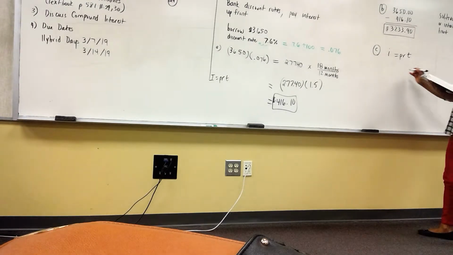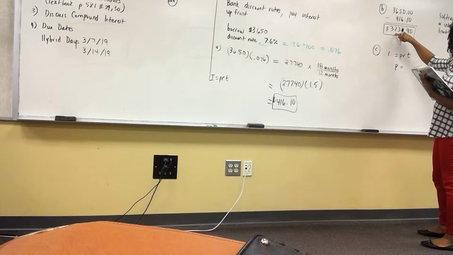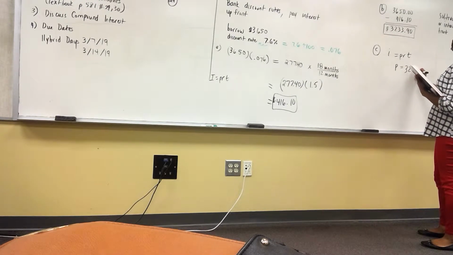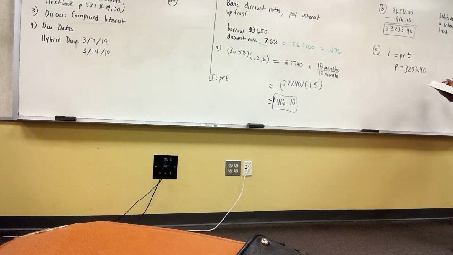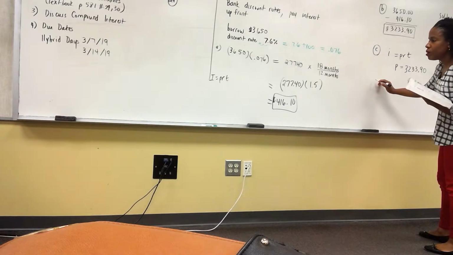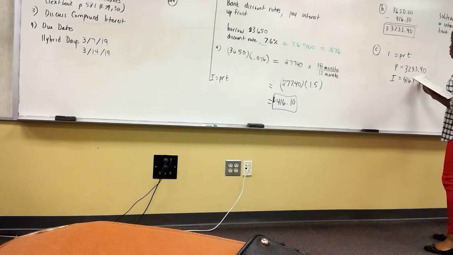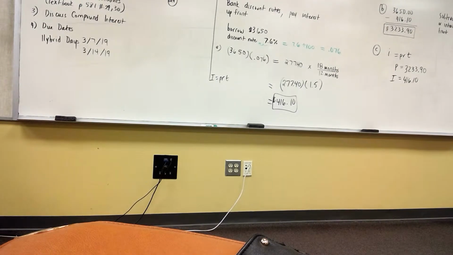So for the P, we're actually going to use the amount that she actually took home, $3,233.90. And then we're going to see what the interest would be. So if interest was $416.10, what would the interest rate be? So we're using both of the pieces from parts A and B to answer part C.